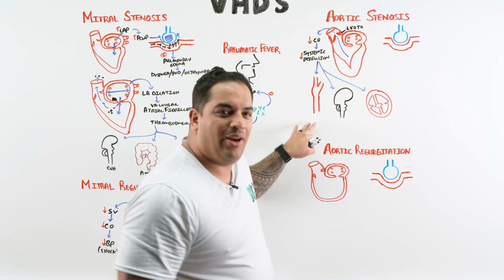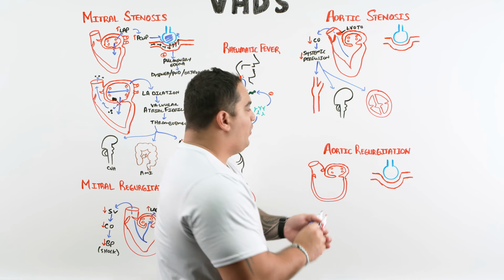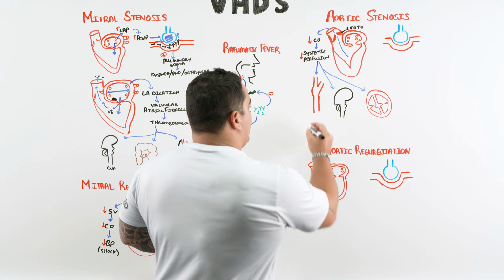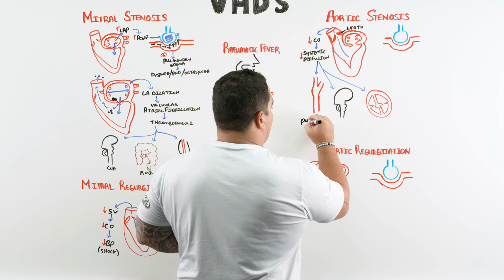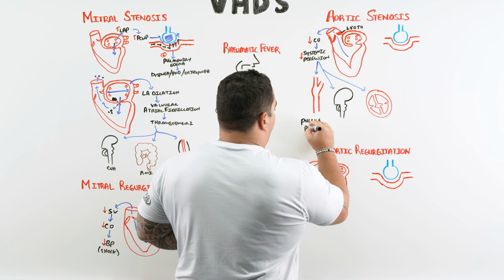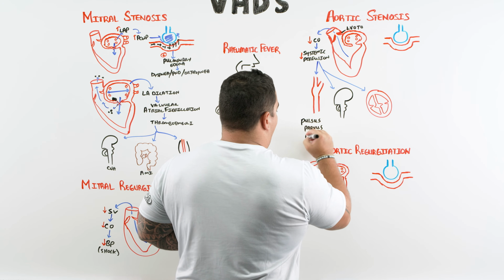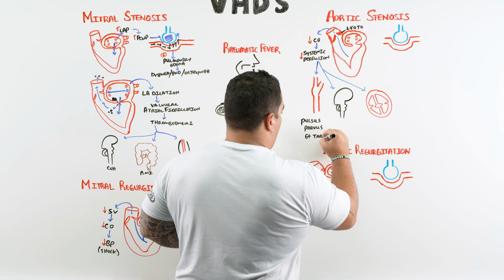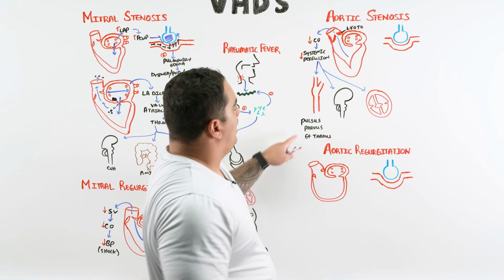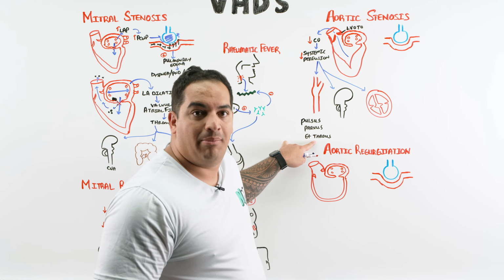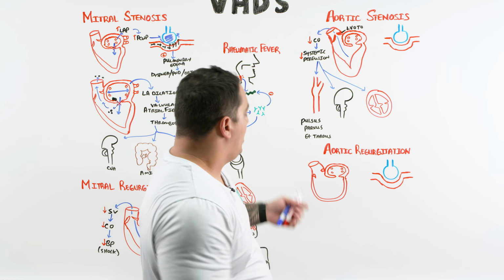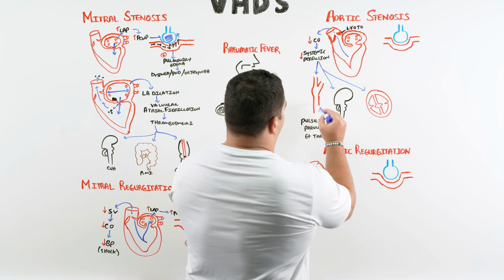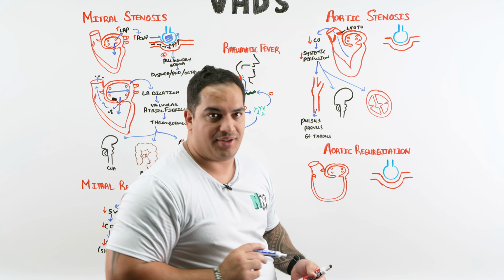So it's a delayed and weak pulse. We always got to make things more difficult though, and so we use a term, pulsus parvus et tardus. All we're saying is it's a weak and delayed pulse. That's all it is. And that's usually because, again, very little blood is reaching the carotids.